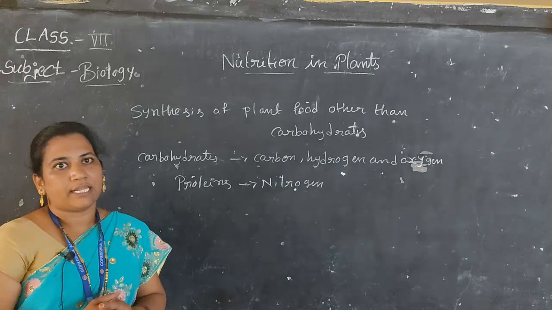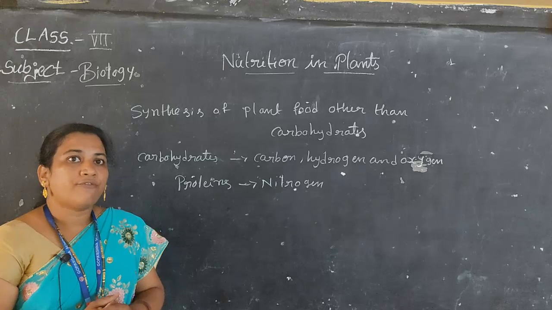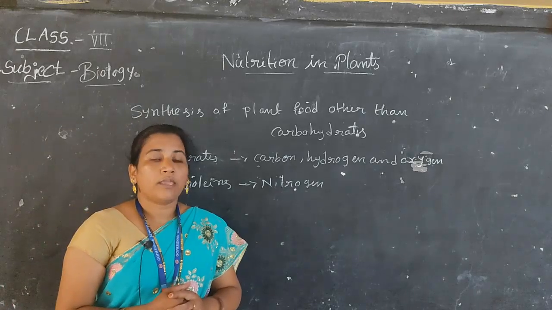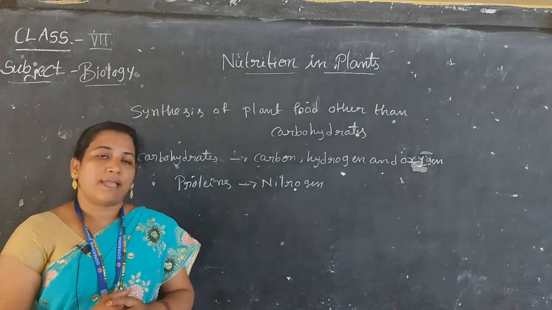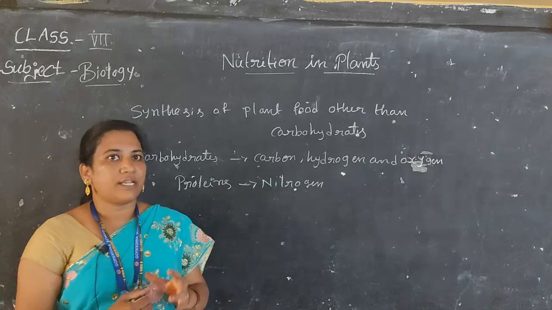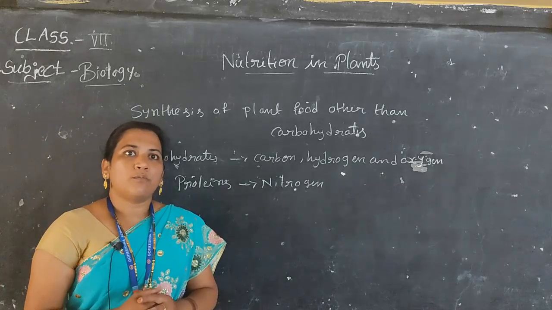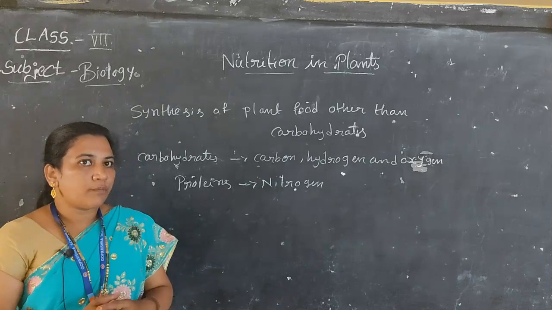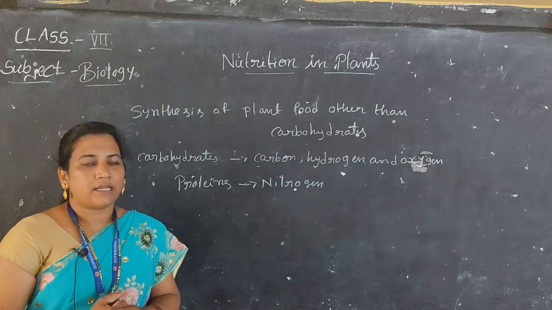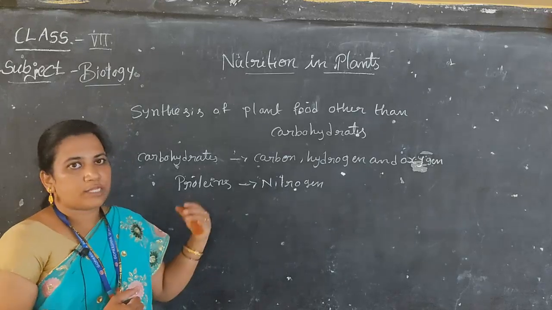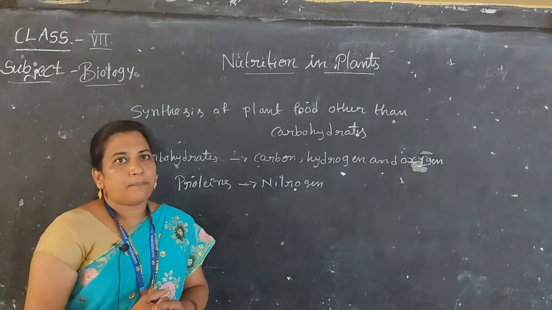We call them nitrogen fixing bacteria, like rhizobium. What is the use of this bacteria? It converts atmospheric nitrogen into a soluble form of nitrogen. That nitrogen is absorbed through the roots of the plant, so it can be easily transported from the roots to the different parts of the plant.